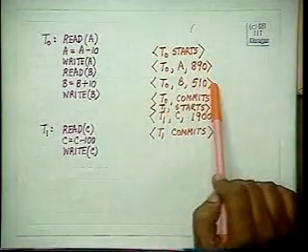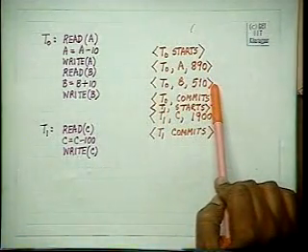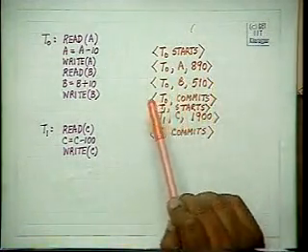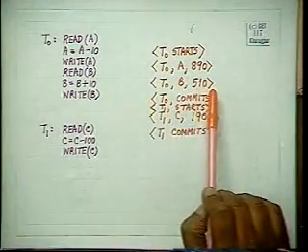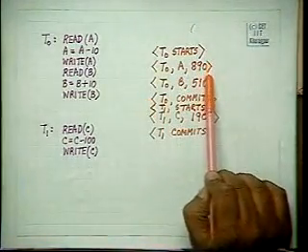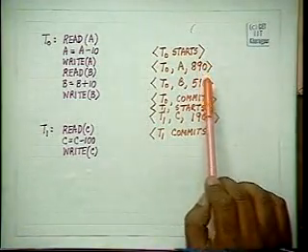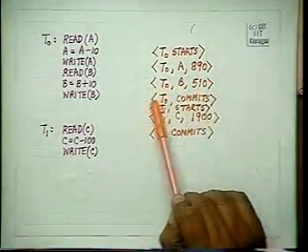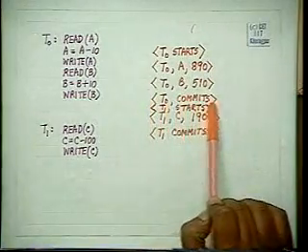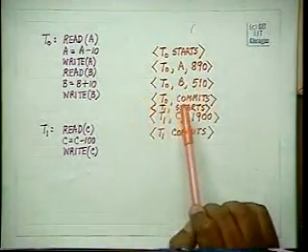These two values will be written after partial commitment. And after all the write operations have been done and all the log values corresponding to the transaction have been written and put into the disk, only then will the statement T0 commits be written onto the disk.